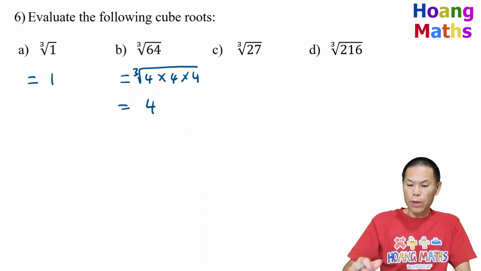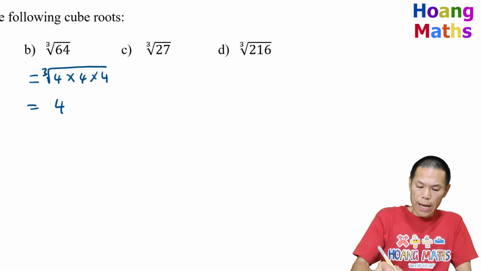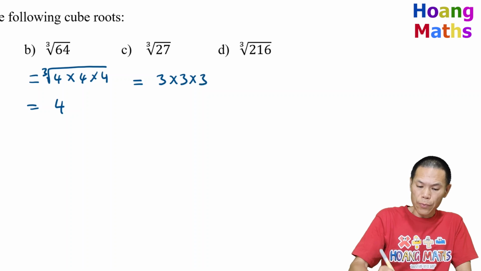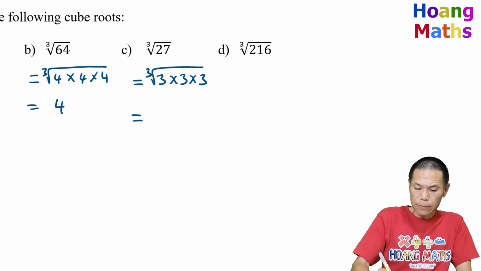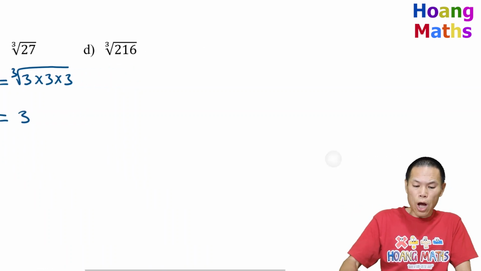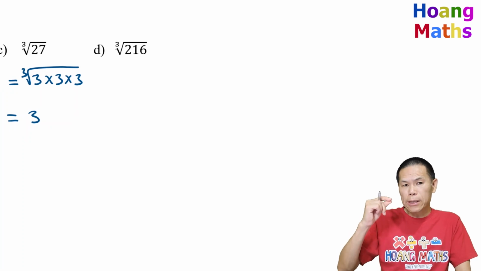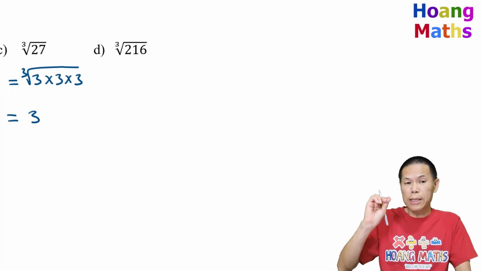So there you go. Now, cube root of 27. So the answer is 27 is 3 times 3 times 3. So that's it, cube root. Put a small 3 up there. So that answer is 3. Now, cube root of 216. So the number ends with 6, so it should be 6 to the power of 3, or 6 times 6 times 6.